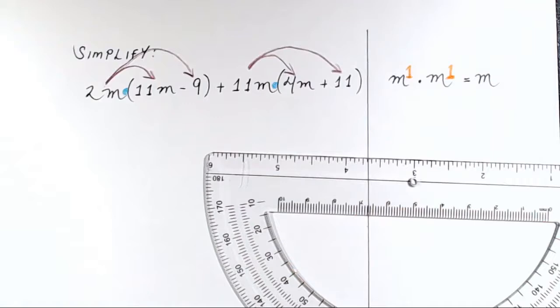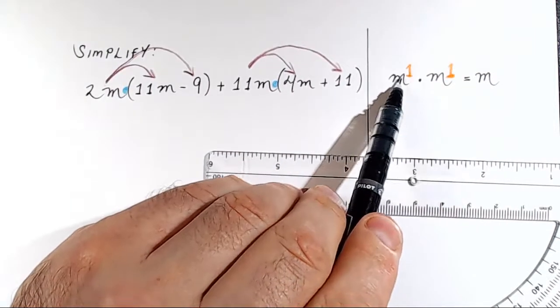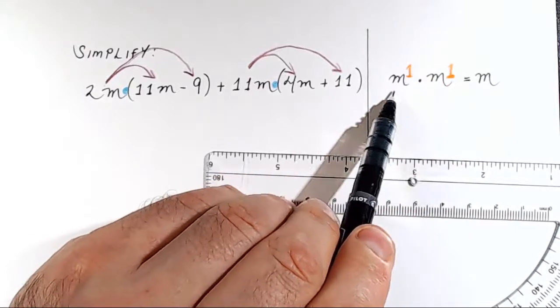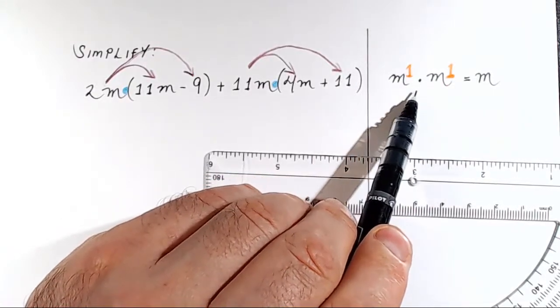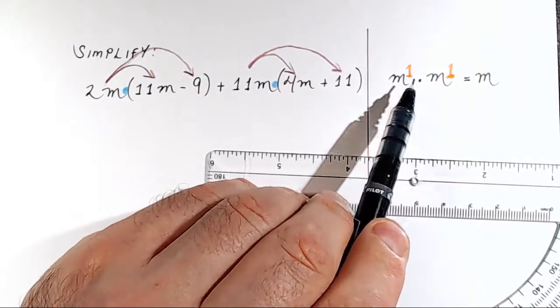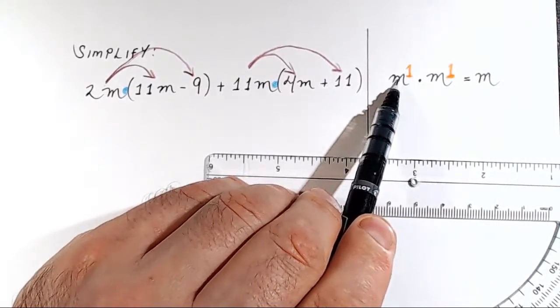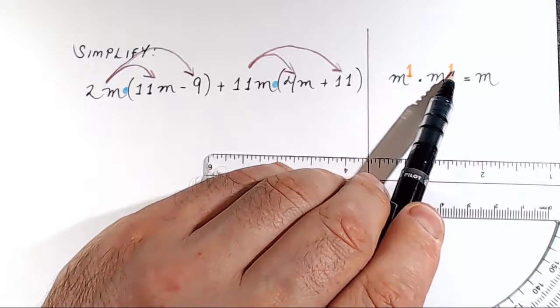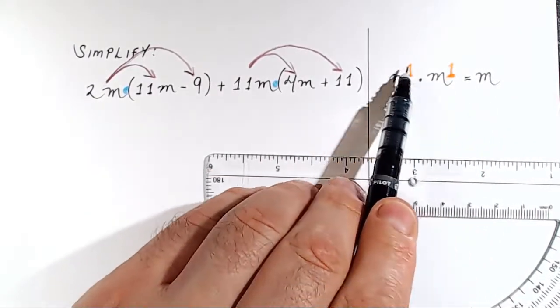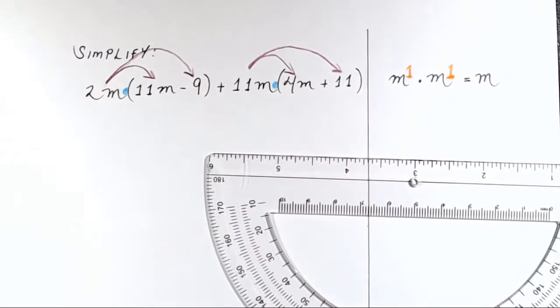From the exponents video, you know the product property: when you multiply the same base together, you add the exponents. So here we write m and then 1 plus 1, which is 2.